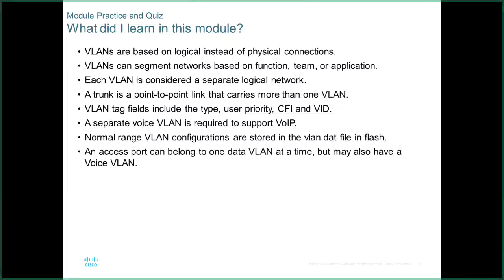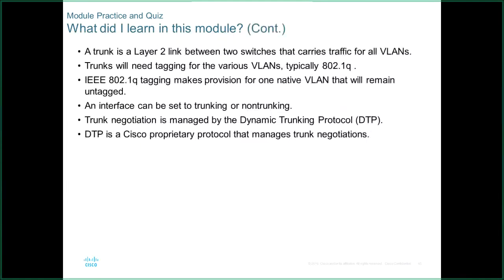We had a look at the various different types of port assignments, being data, voice, trunking, how to configure them, how to erase them, and that's it in a nutshell. Not quite. Trunk tagging. Oh yeah, we talked about that. Dynamic Trunking Protocol, not good. Disable it. Manually set access and trunk ports.